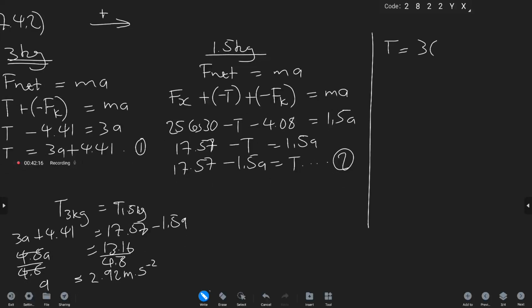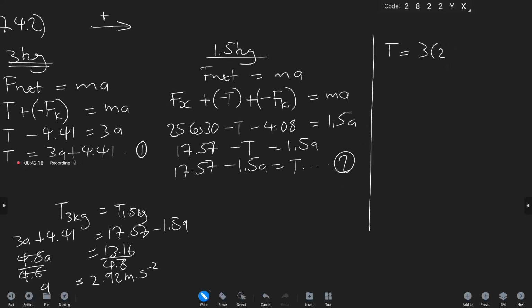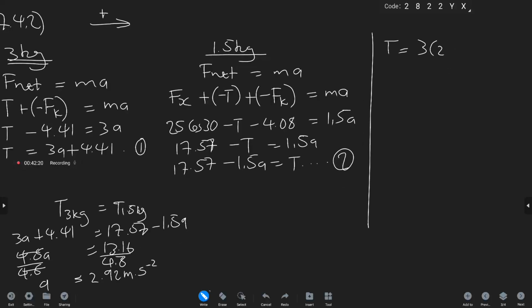So then taking equation 1, we see that tension is equal to 3, which is the mass, times the acceleration, which is 2.92, plus 4.41, which is our current frictional force.